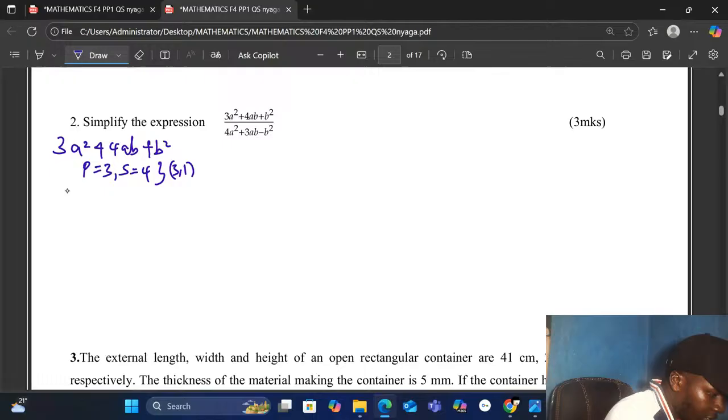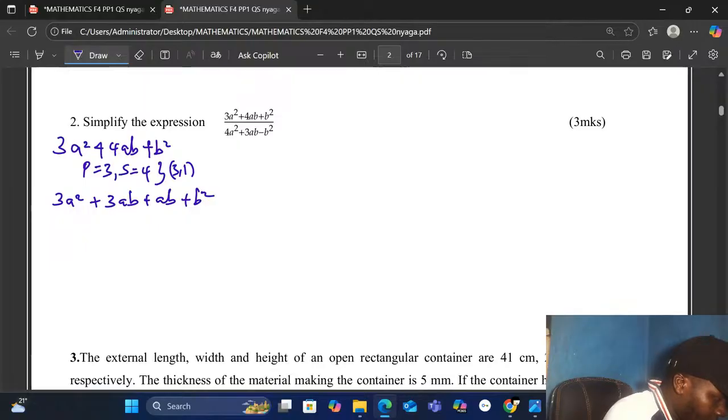So you shall have 3a squared plus 3ab plus ab plus b squared. Then we collect like terms and factor out.